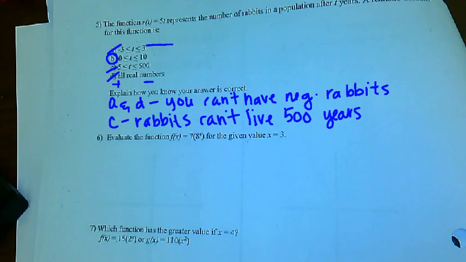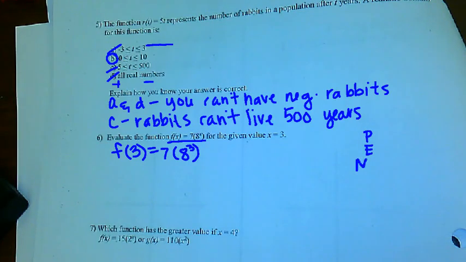All right, next one, evaluate. So this one I just wanted to do because we've always got to be brushing up on our algebra. All right, so we want to know for this function, if x is equal to 3, what would this equal? So I'm just going to do some simple algebra for you. Okay, so don't forget your order of operations.